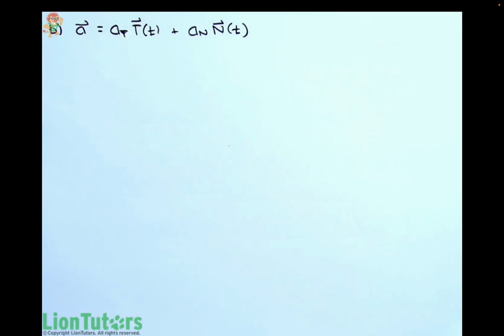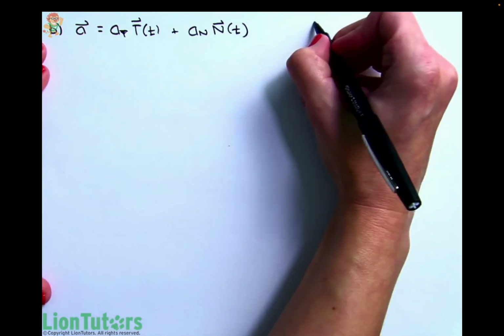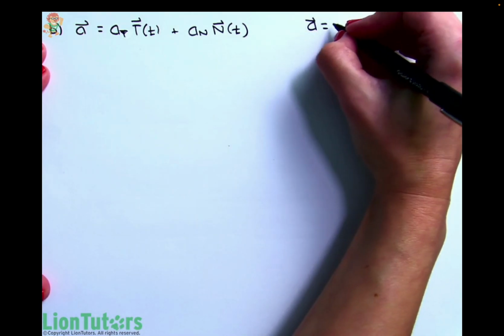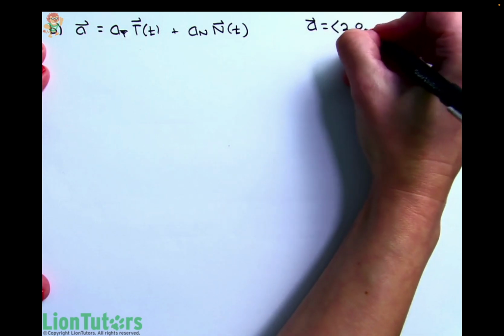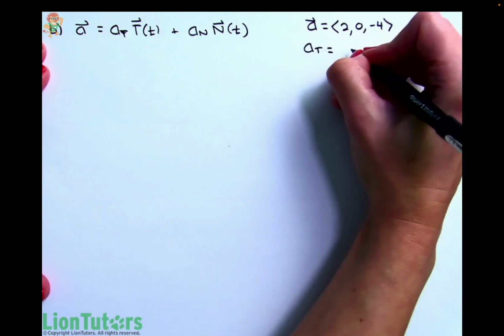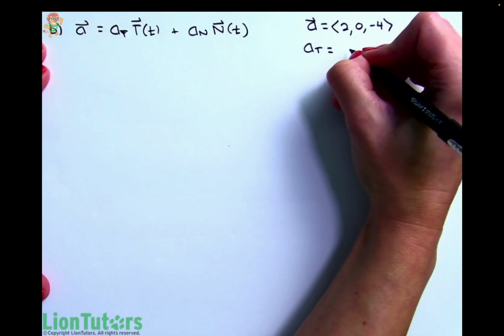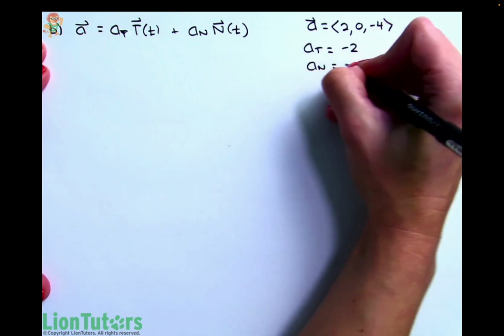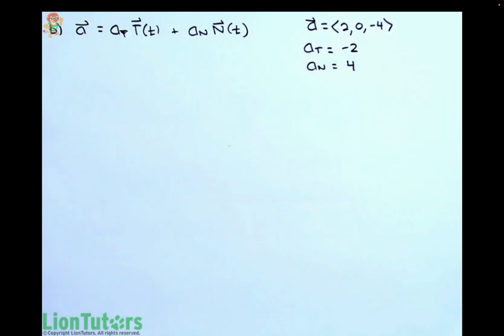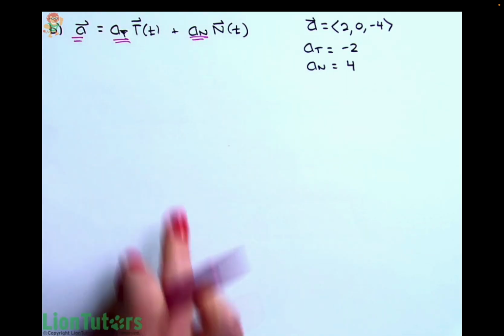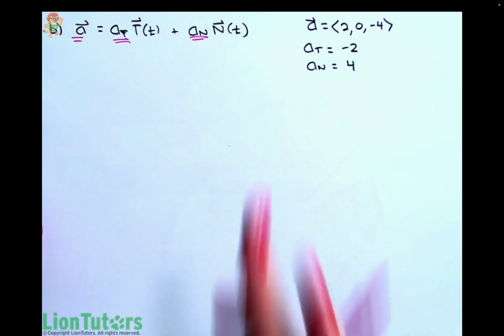And we already know a lot of these things. We already know our acceleration vector at this point in time is 2, 0, negative 4. We know that our tangential component, or coefficient here, is going to be negative 2. We know that our normal component is going to be 4. So we have this, this, and this. We just need to solve for this one and this one.